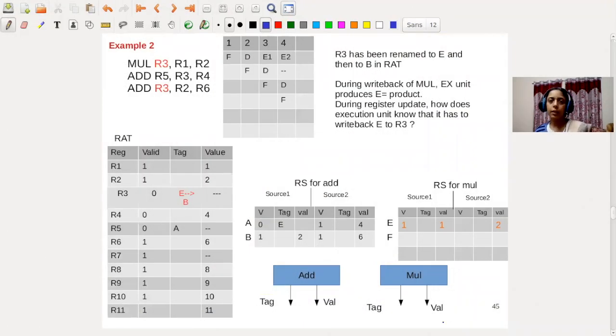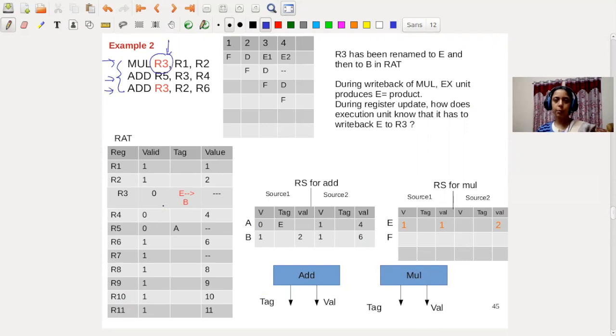Now another important point that I would like to make here is, let us look at another example, a simple example which has three instructions. R3 is the first destination which is going to be renamed.